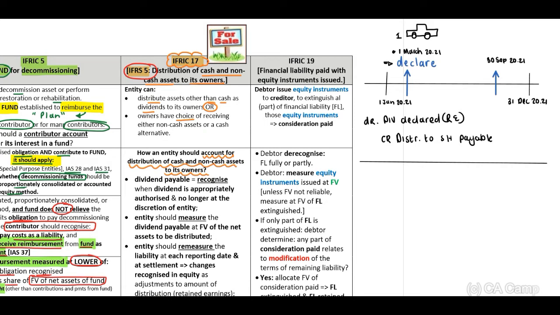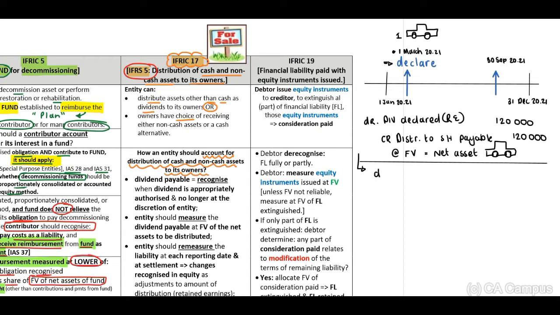If we look at the principle, the entity should measure this at the fair value of the net asset at that date. Therefore, the net asset being our vehicle. Now, let's say, for example, guys, this will be 120,000. Then it is important that you identify that we need to allocate that asset to our non-current asset held for distribution.